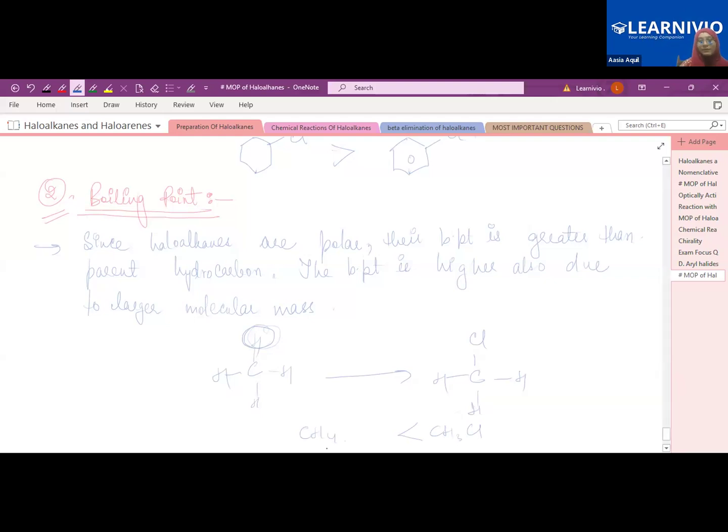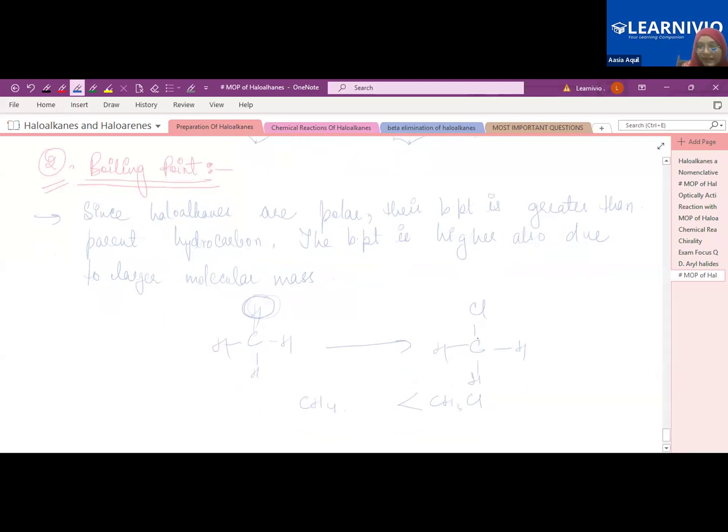Due to the difference in electronegativity, this carbon and Cl bond is more polar. Halogen is more electronegative, so this chlorine will attain the partial negative charge and the carbon will attain the partial positive charge.